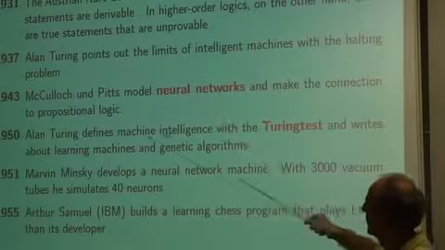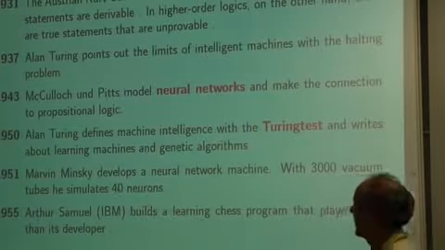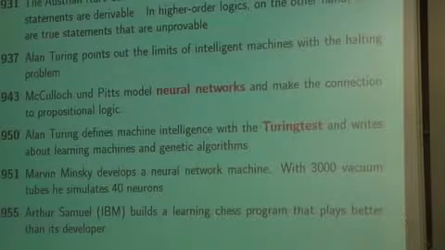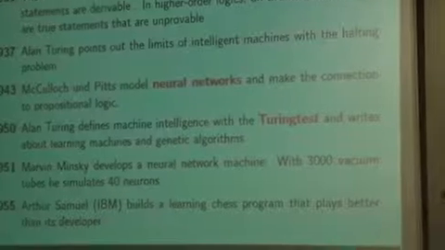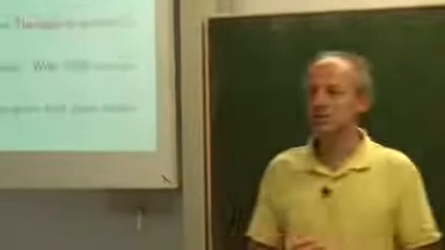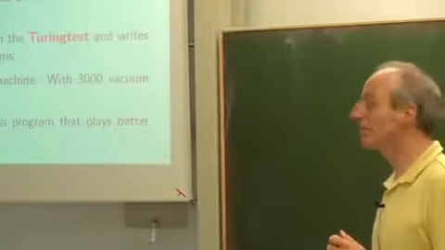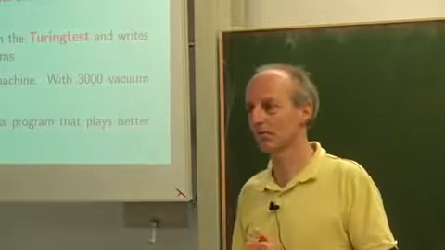Then in 1950 there was the Turing test. In 1951 Marvin Minsky developed a neural network machine with 3,000 vacuum tubes. He simulated 40 neurons. If you have a computer with 3,000 vacuum tubes, this is not big fun, because these vacuum tubes are not really reliable. They fail pretty often.